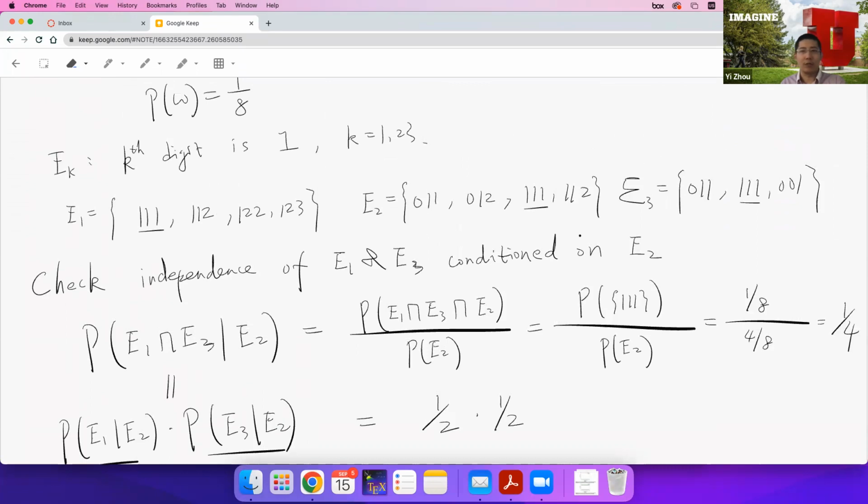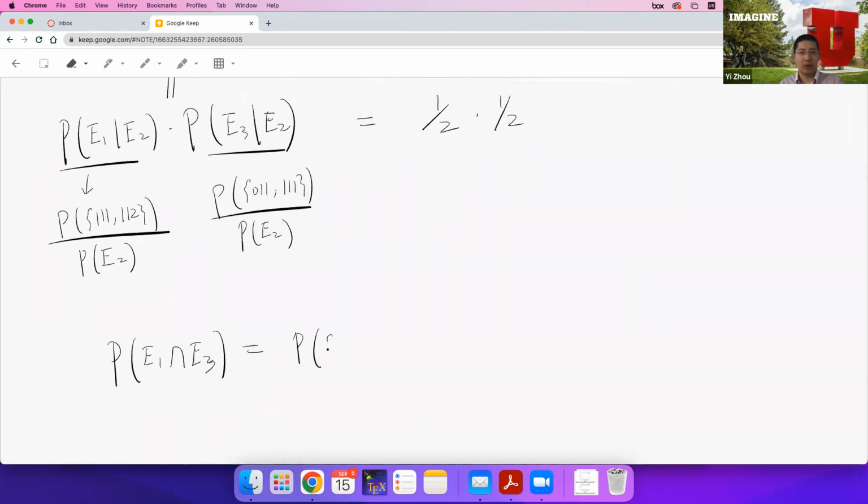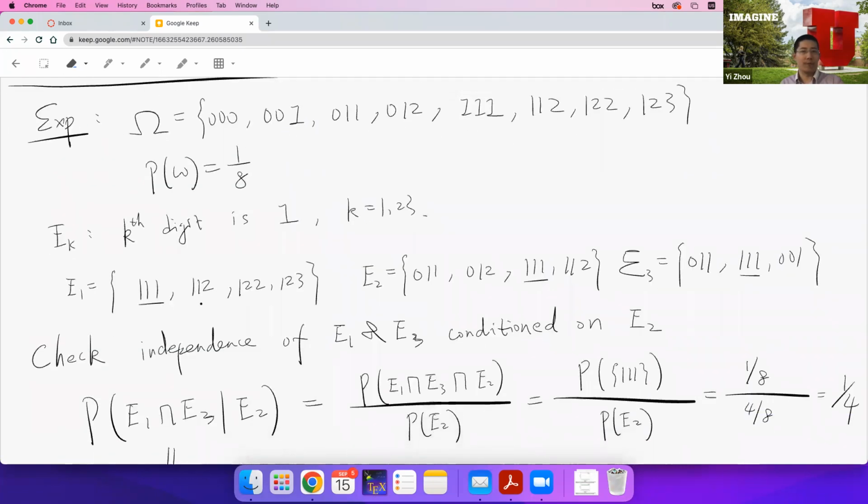The intersection between these two, I see 1 is the common part, which is 1/8. But P(E1) is 4/8, I have 4 terms here, and P(E3) is 3/8.